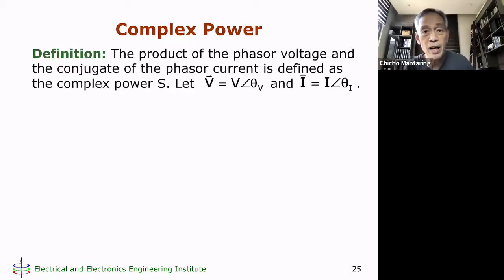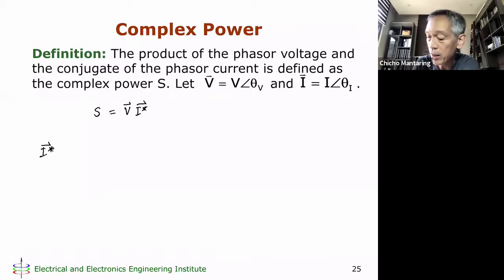Okay, now here's another definition: complex power. The product of the phasor voltage and the conjugate of the phasor current is defined as the complex power S. So S is the product of your phasor voltage multiplied by the conjugate of your phasor current.